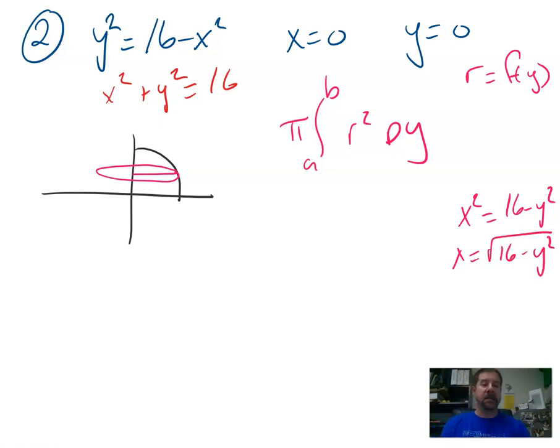So x equals the square root of 16 minus y squared, and that's our function. So we're going to do pi times the integral, going from 0 to 4.